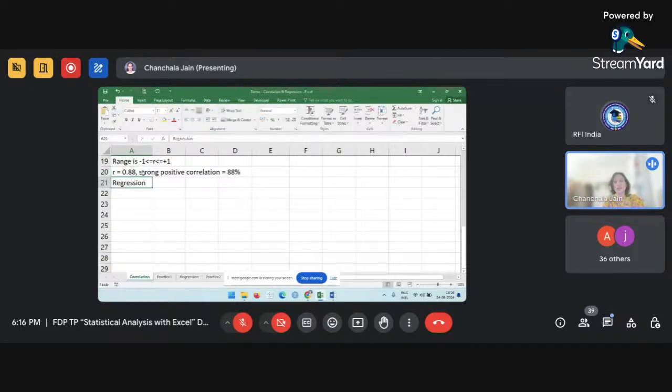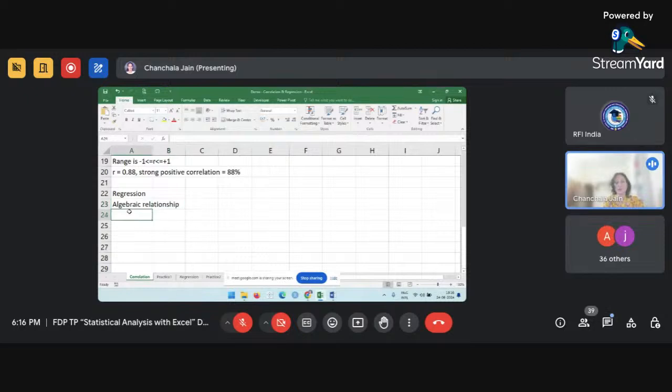So when you are expressing the relationship in terms of percent, correlation will help you. But if you want to express the relationship between the variables in algebraic form, in that case, we go for regression.